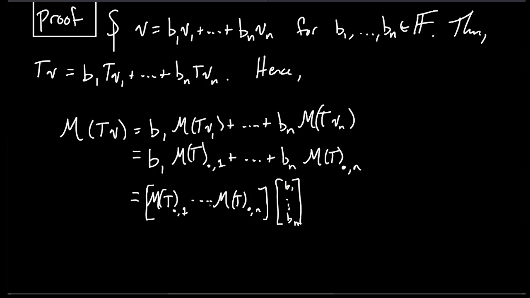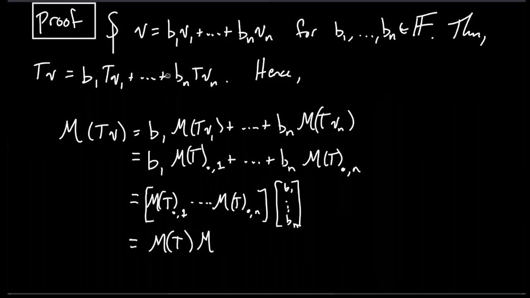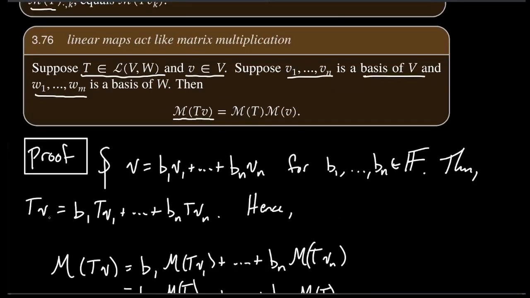Then when I multiply, I just go across and I go down, and I multiply each thing and then sum it all up. That's what I get up here. But hey, that's just the matrix of T. And this over here, these b1 through bn, these b's are the things that let me write Tv as a linear combination of Tv1 through Tvn.